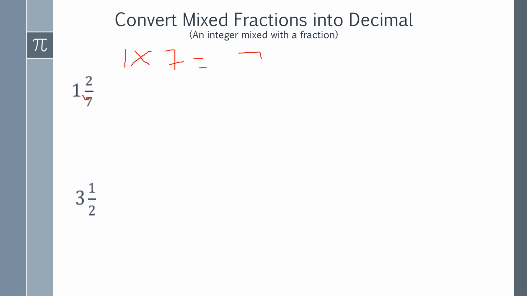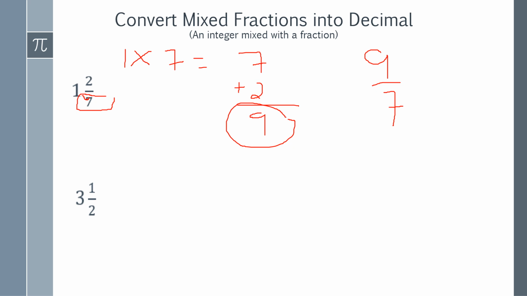And then you add the numerator. So plus 2, you get 9. Now this number here is going to be the numerator for our improper fraction. So we're going to have 9, and the denominator is going to be the same as the original denominator, which is 7.